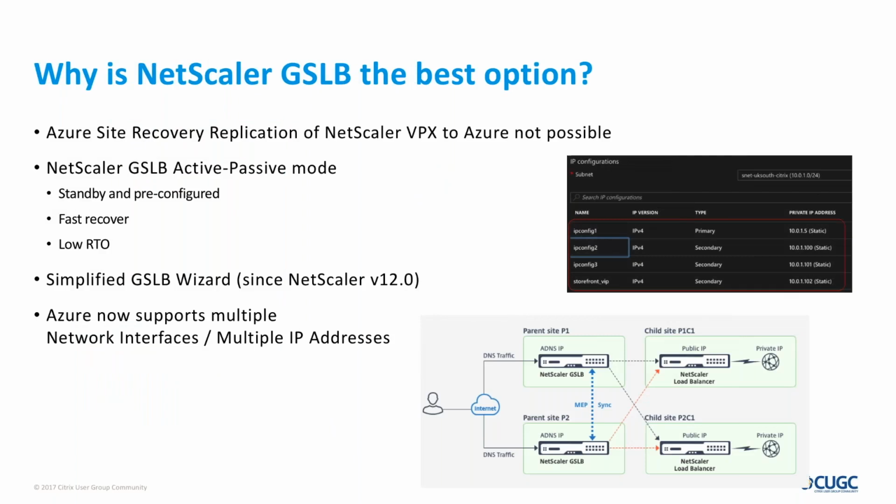So, quick slide on why NetScaler GSLB is the best option. As Christian was just talking about, Azure Site Recovery replication of NetScalers to Azure isn't possible currently. That may well change, but that's not there right now. If you use NetScaler on premises and in Azure in an active passive mode, you can have a very, very small footprint in Azure, acting as a disaster recovery site for your primary data center.